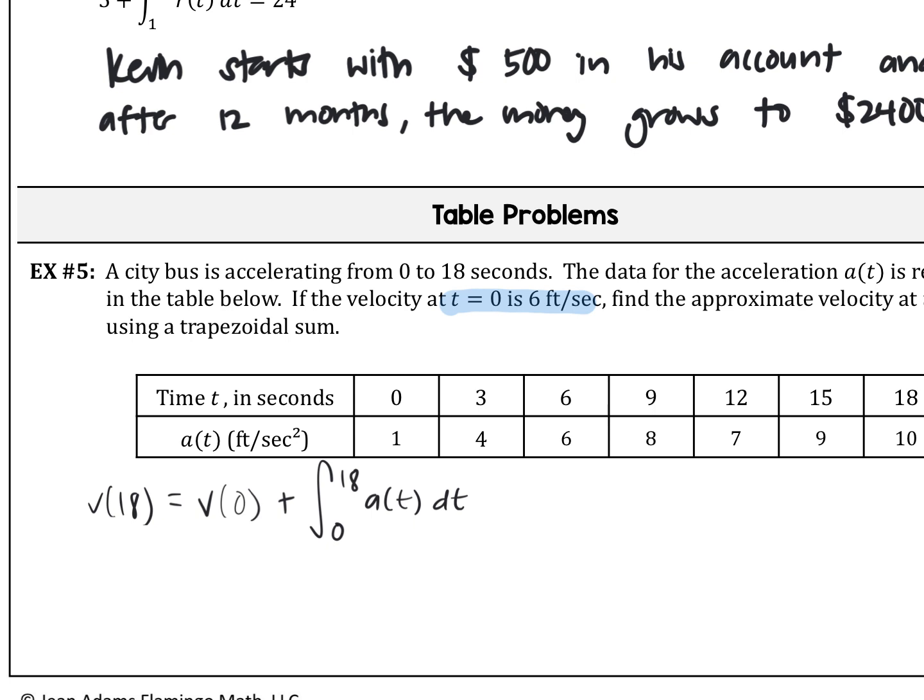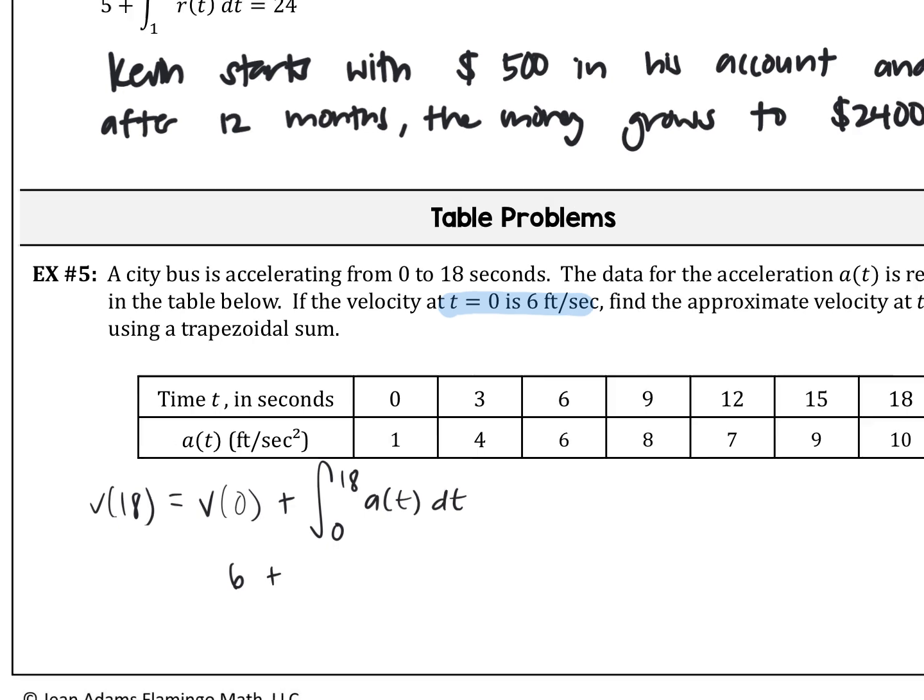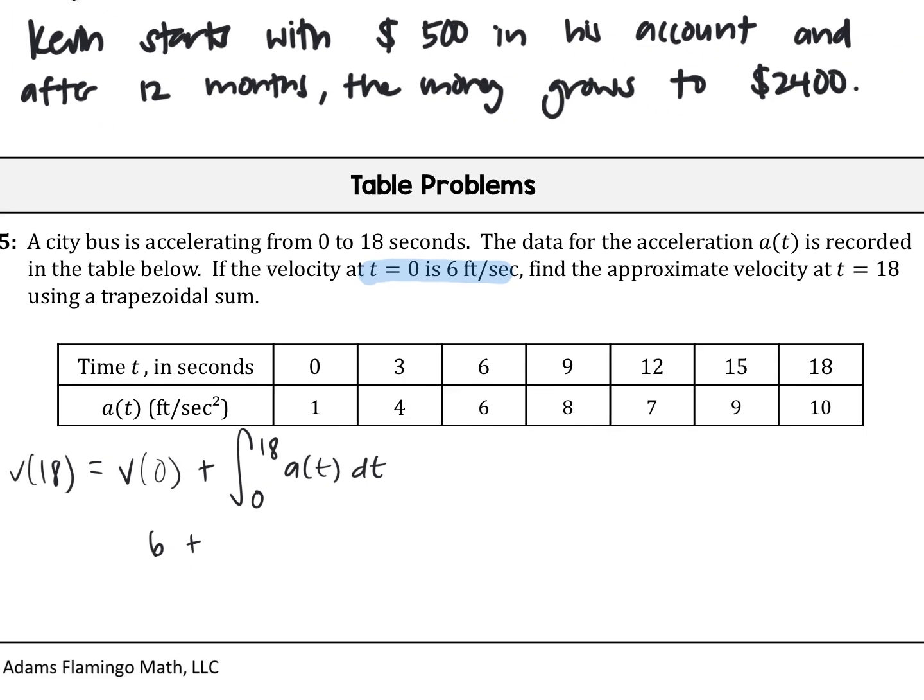And then what are we going to have to add to it? At the end, you'll just have to add 6 to it. So I've got 6 plus. Now, when I'm doing the trapezoidal sum, the nice thing is that all of my time intervals are a value of what? 3. So instead of multiplying by 3 every single time, we can just say, for a trapezoid, we've got 1/2 times my height in between the bases, which is 3.